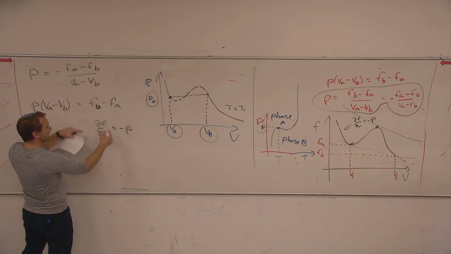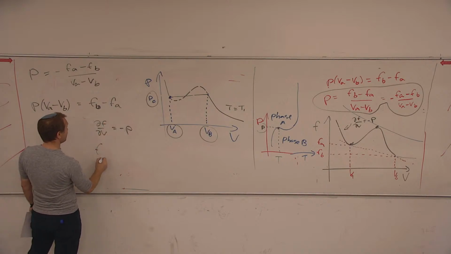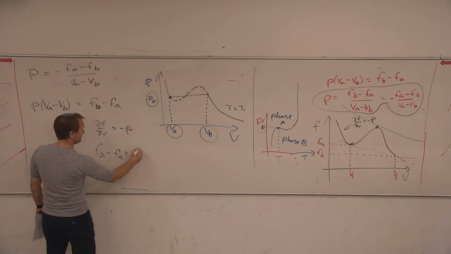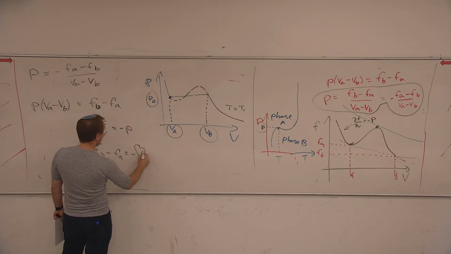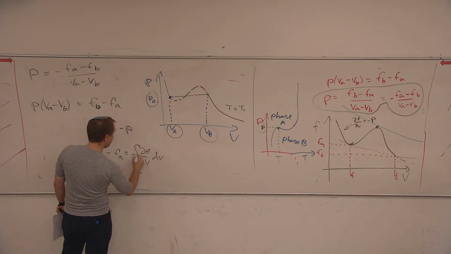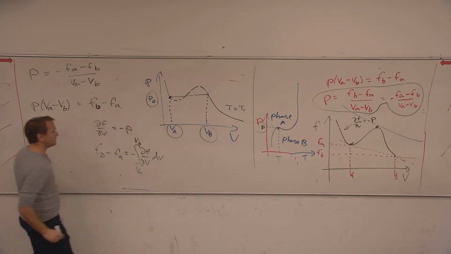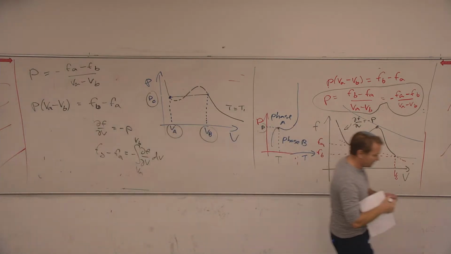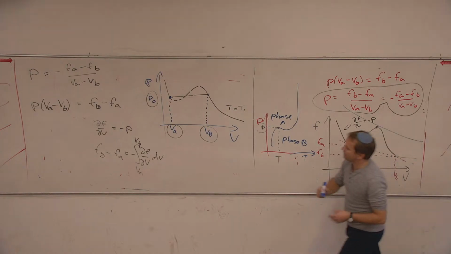This is an integral, right? Because what is FB minus FA? It's an integral, minus an integral of dF over dV from VA to VB. Right? This is what we have on the right hand side. So on the right hand side, we have this area.